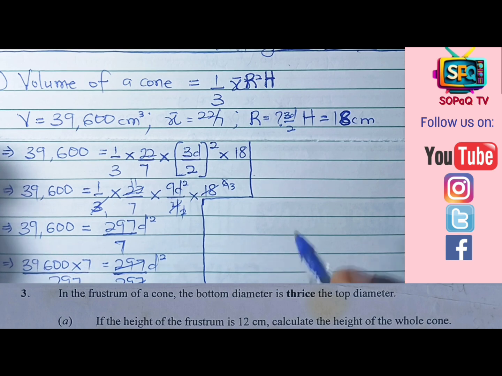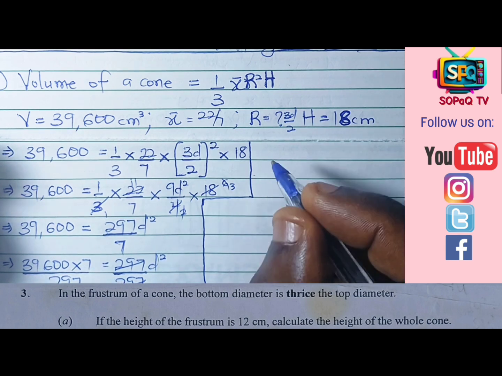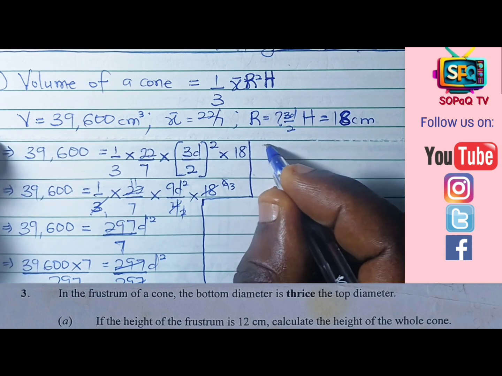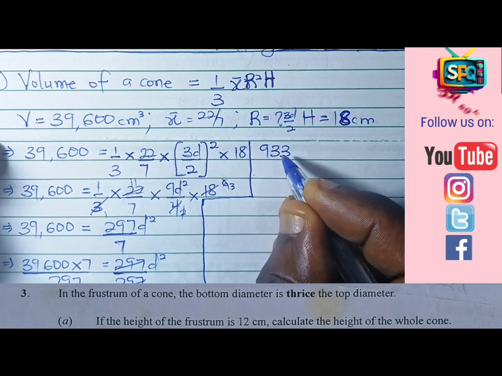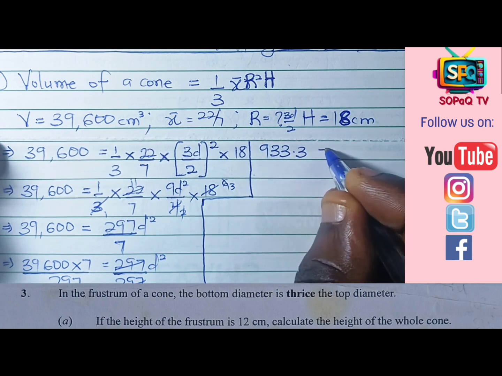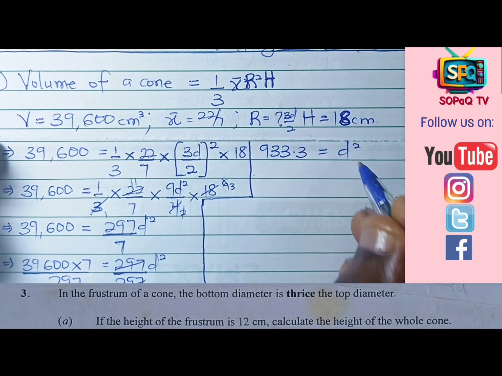And the whole of this, with the help of the calculator, will give us 933.33333 equals our d squared.